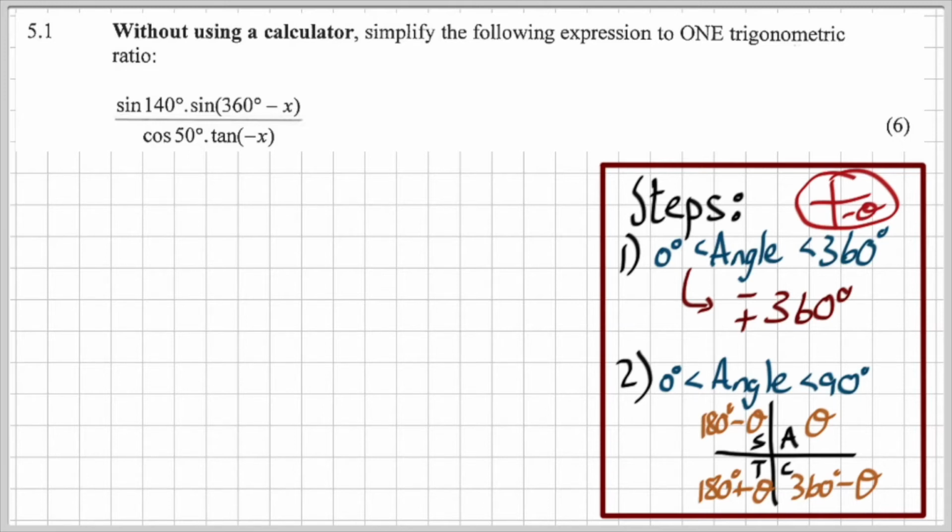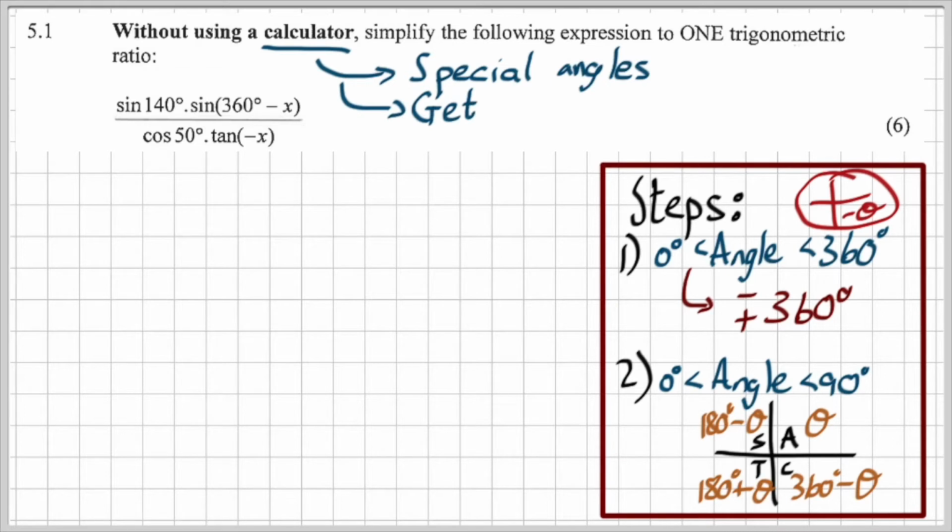But now let's look at the actual question: without using a calculator. That tells me, first of all, I've got special angles to look for. Secondly, if there aren't special angles, I've got to get the angles the same, and a lot of times things are just going to divide away.